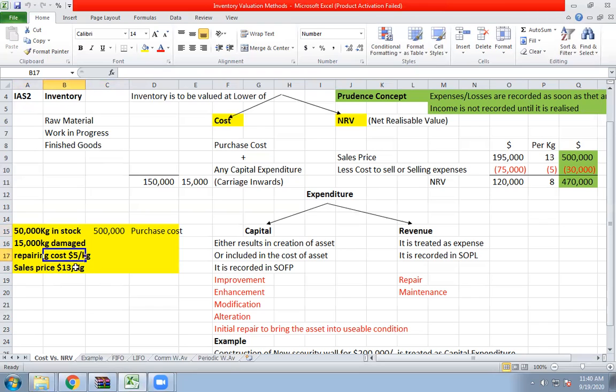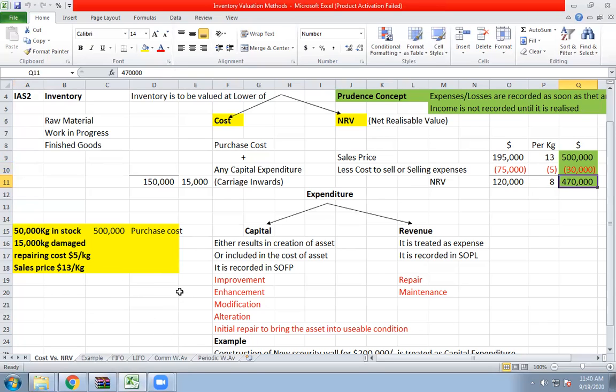So I will reduce this value by 15,000 times 2, which is 30,000. Initially the value of inventory was 500,000, and once I deduct this 30,000, the restated value of inventory is 4,70,000. I hope you got this NRV and the cost.